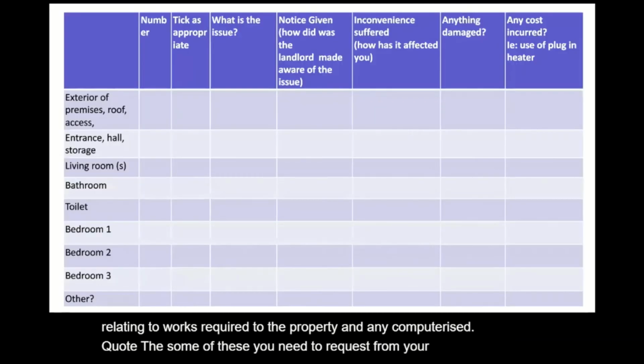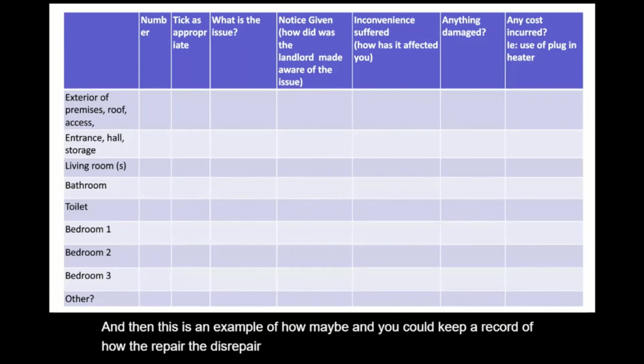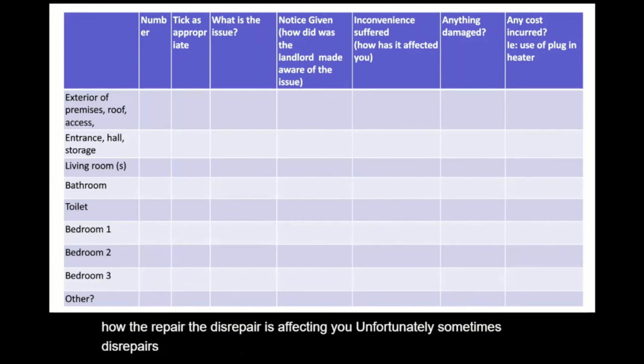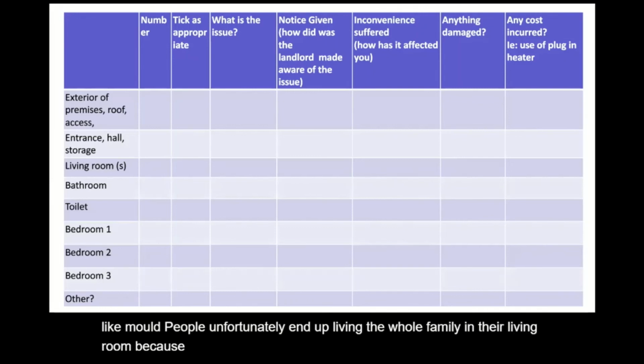And then this is an example of how you could keep a record of how the disrepair has affected you. Unfortunately, sometimes disrepair does affect more than one room, especially if it is things like mold. People unfortunately end up having the whole family living in their living room because the mold has just taken over the whole house, and the living room has less mold than everywhere else.